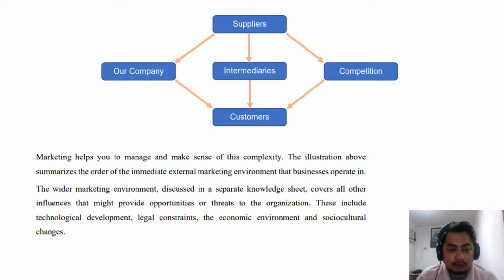So these include technological development, legal constraints, the economic environment, and the socio-cultural changes. Again, macro means all. We're talking about demographics of a certain country, the world, where the target market is, the current political status of one's country, and the technological advancement of one's country.